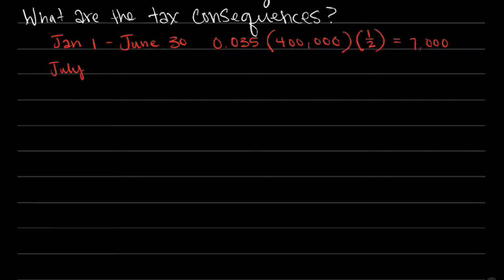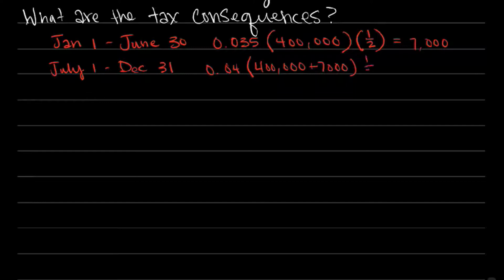Okay, but then we have to calculate the second half of the year at 4%, so this is July 1st through December 31st, and we multiply that 4% by the $400,000. But because interest was accrued of $7,000, we have to include that as part of the computation.